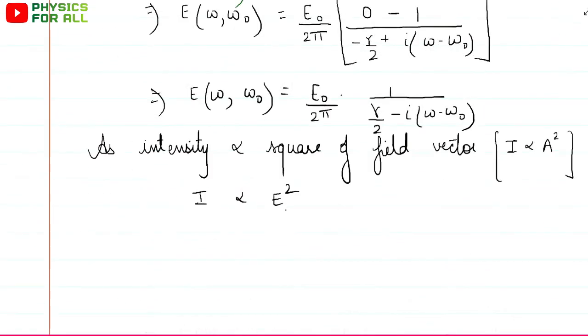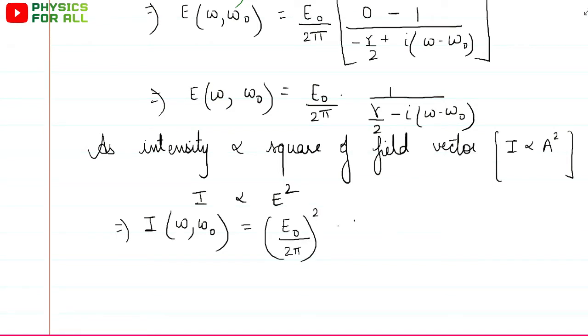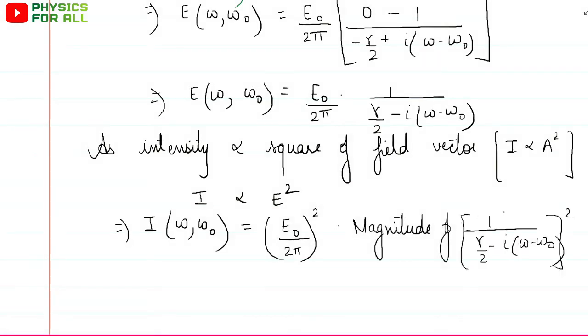Now we have to square the value that we have obtained. On squaring, what do we get? E naught upon 2 pi whole square, 1 upon this quantity whole square. I omega omega naught. Before we had E omega omega naught, now we are writing the intensity. So intensity would take its place. This becomes E naught upon 2 pi whole square into magnitude of, we have to find the magnitude of this quantity. 1 is fine.